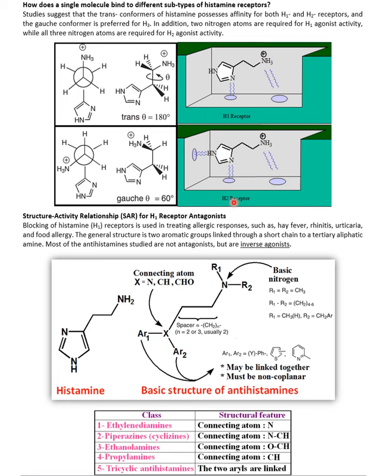While for the H2 receptor, there is another spot in the receptor that requires the presence of this nitrogen. So this same molecule binds to two different receptors by forming different types of interactions. And I just want to say there's not much known about how histamine binds to the newly discovered H4 receptor.